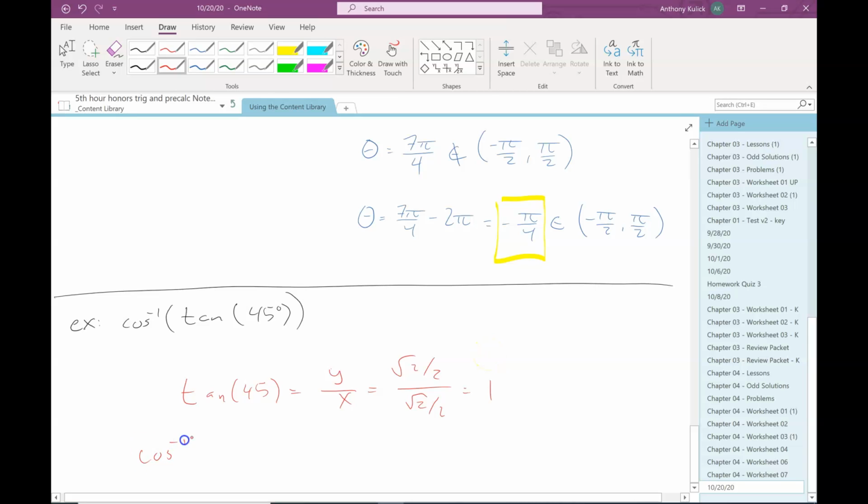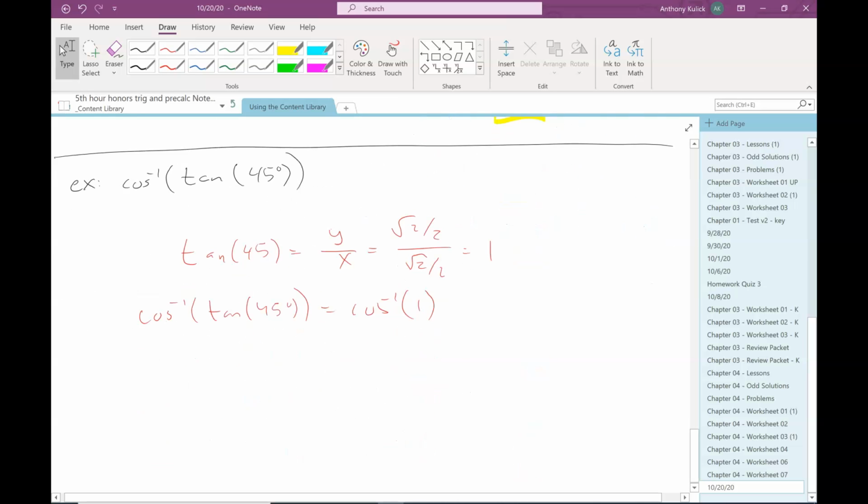So we can say cosine inverse of tangent of 45 is really just cosine inverse of 1. Now it's just like the previous problems, right? We just had one additional step in the beginning where we had to evaluate the inside part. But that's not so bad.